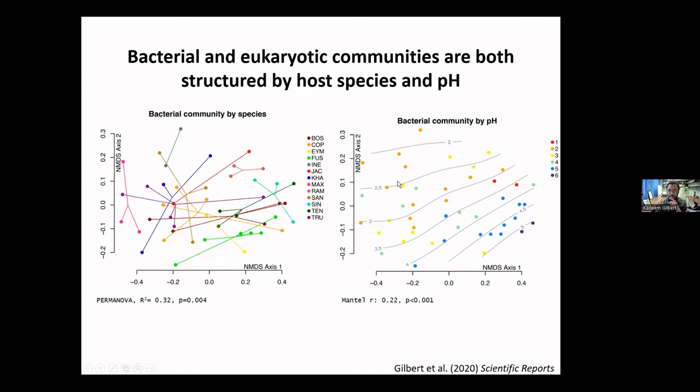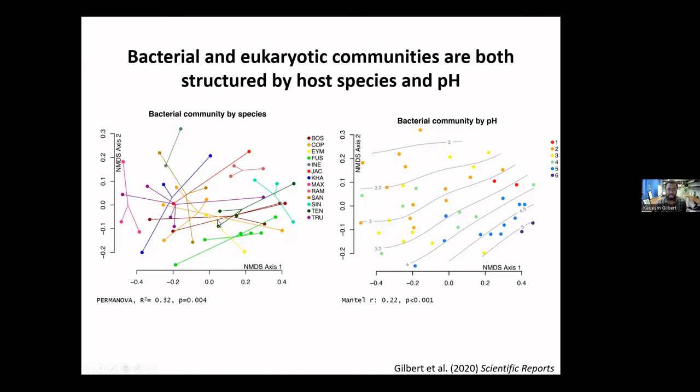And this is the same projection, just colored differently on the left and on the right. On the left, it's colored by species, and on the right, it's colored by pH. In this view, the important things here are the stats, that both here are significant, that you can see in space, the different host species are separated.